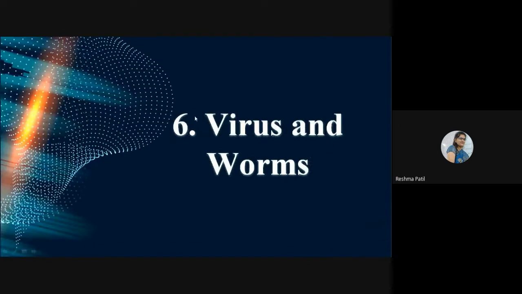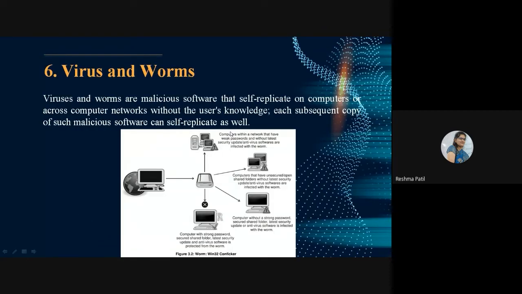Now the next point is viruses and worms. Sixth point of this chapter, viruses and worms. So first, viruses and worms are malicious software that self-replicate. It will create copies of itself on computers or across computer networks without the user's knowledge.